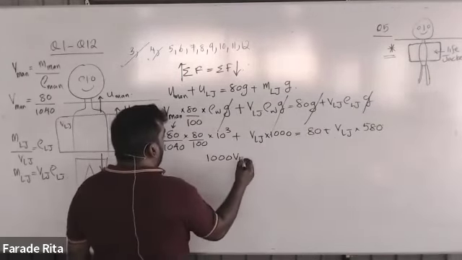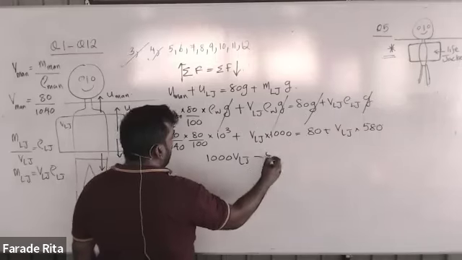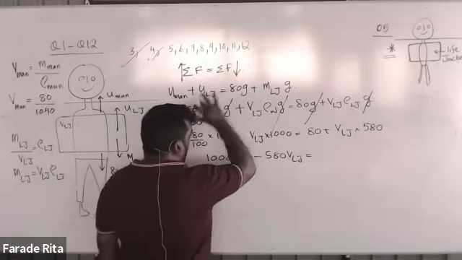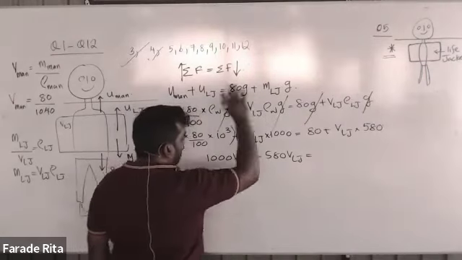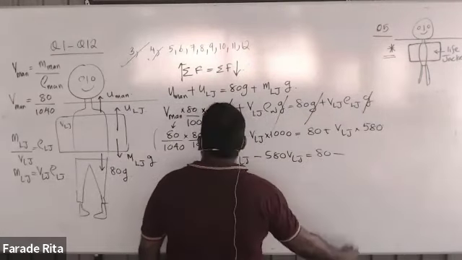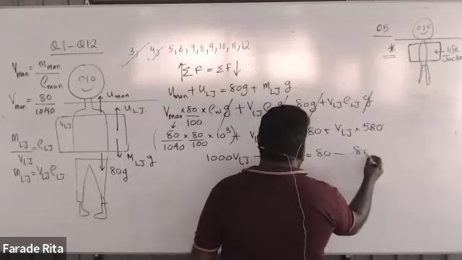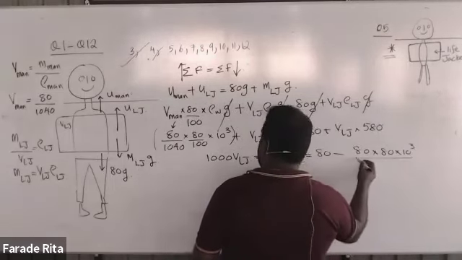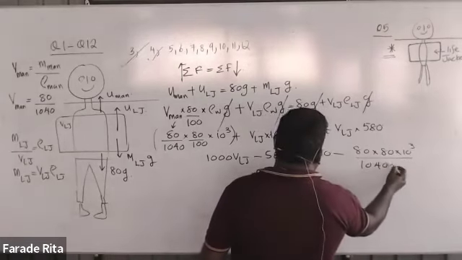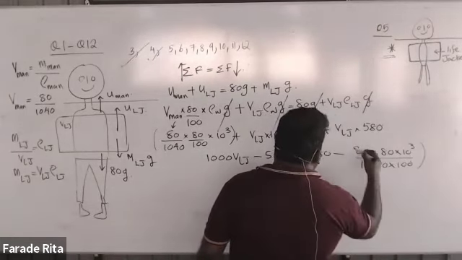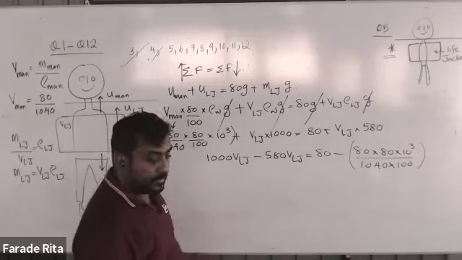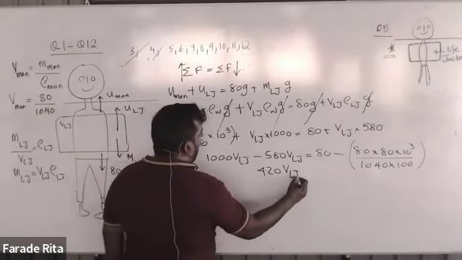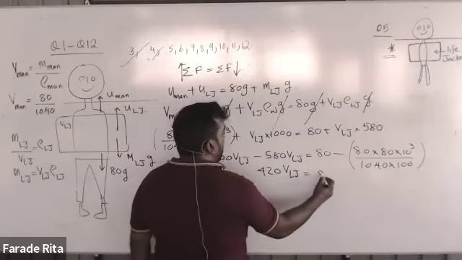Bring it this side: 1000 times volume of the life jacket minus 580 times volume of the life jacket. Whole thing, take it to the other side: 80 minus 80 times 1000 divided by 1040 into 100. Don't forget to put the bracket here. 420 times volume of the life jacket equals 80 times the bracket.